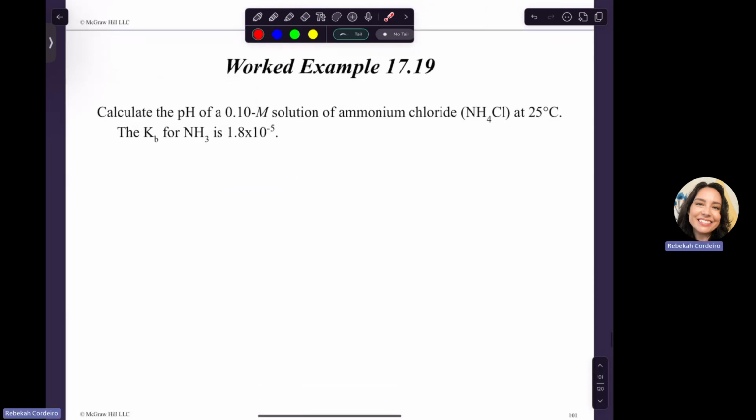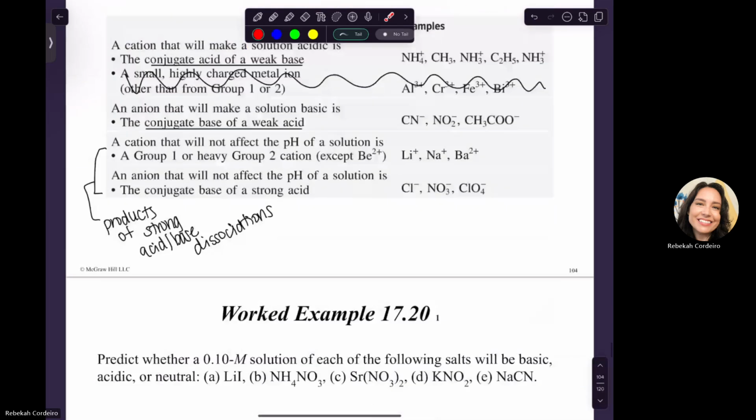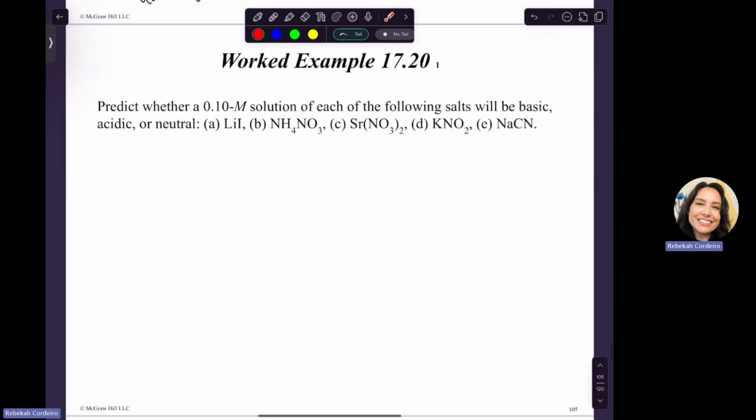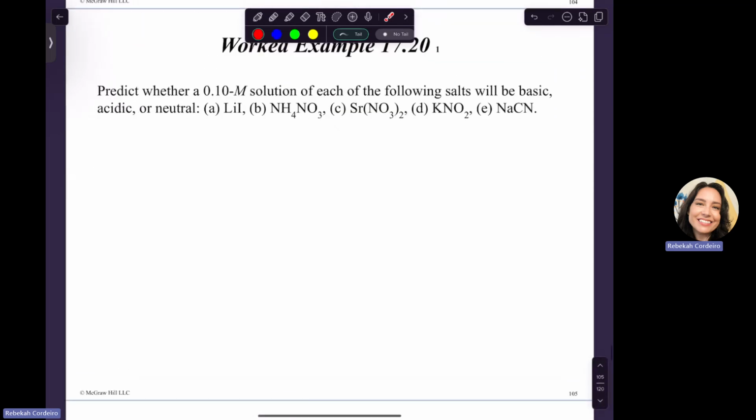Here's another example. Why don't you try this one? And then if you have questions, the solutions are after this. All right. And then you might also have not just a full-on ice table, but just a quick question of whether it is acidic, neutral, or basic.